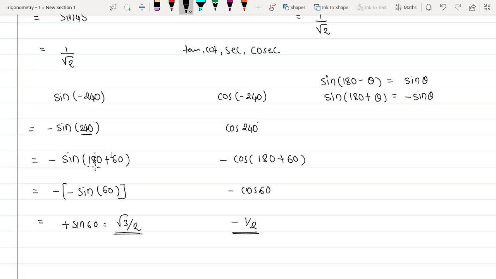The same can be extended for the 360 degree. Sin of 360 minus theta, which is equals to minus of sin theta.